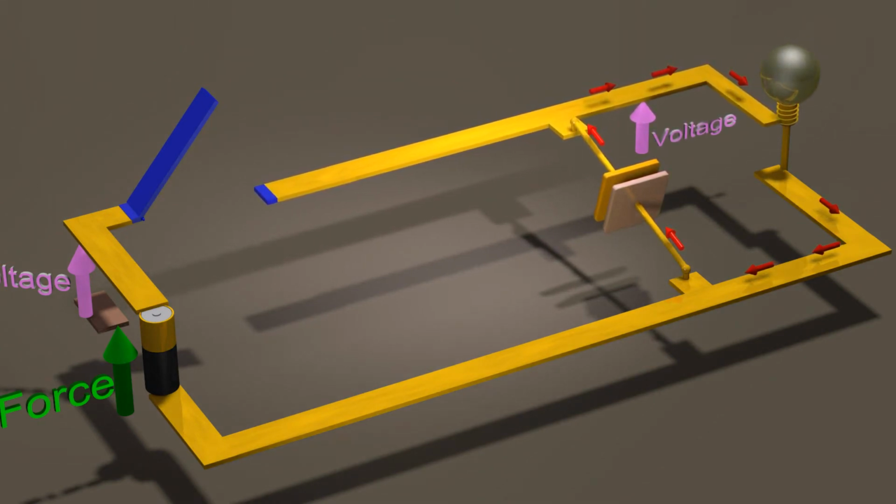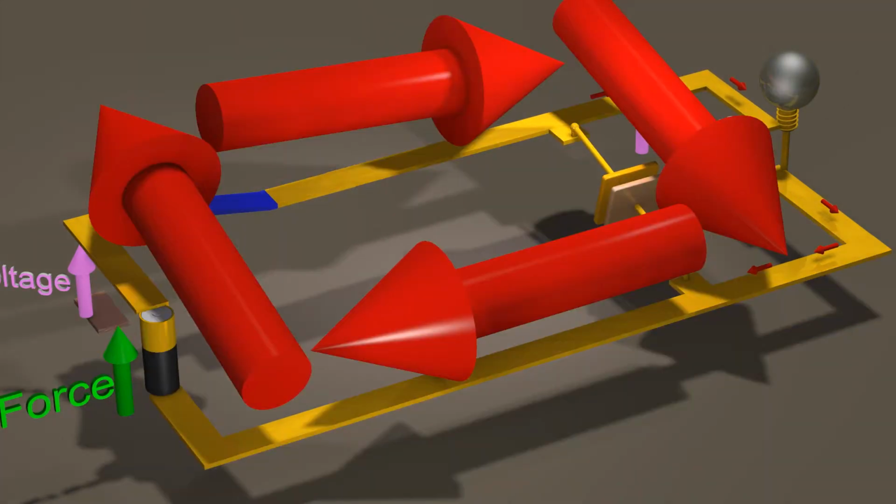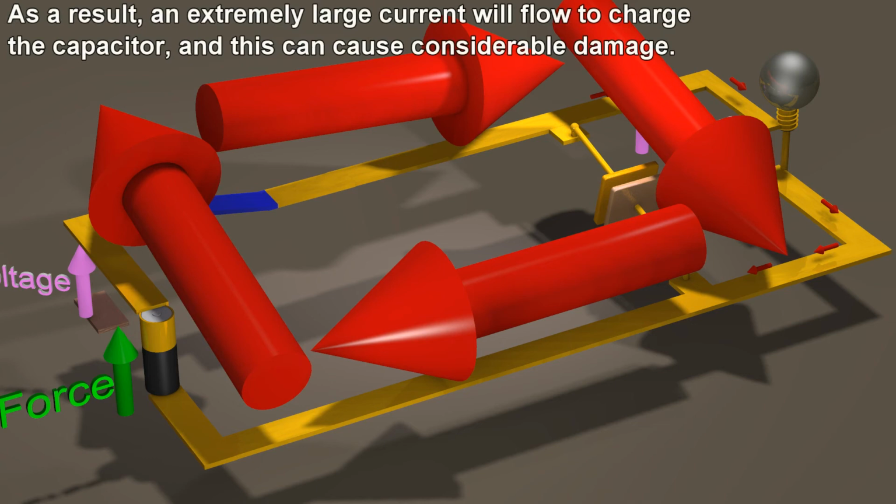But now, when we close the switch, we are trying to change the voltage of a capacitor instantaneously, which is impossible. As a result, an extremely large current will flow to charge the capacitor, and this can cause considerable damage.